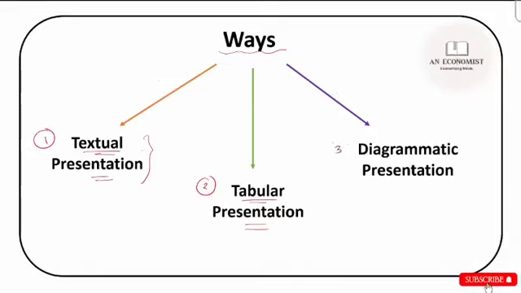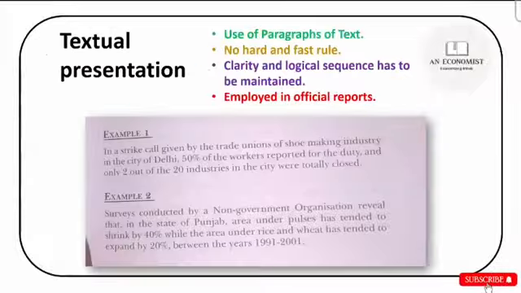And the third method would be diagrammatic presentation, where you draw different diagrams to derive meaningful insights from that, right? In this video we will be discussing the textual presentation and the tabular presentation, and I'll handle the diagrammatic presentation in the next video. So let's start with this.